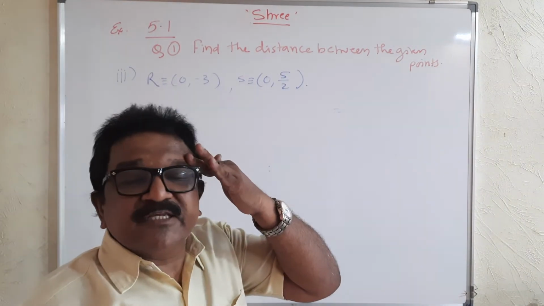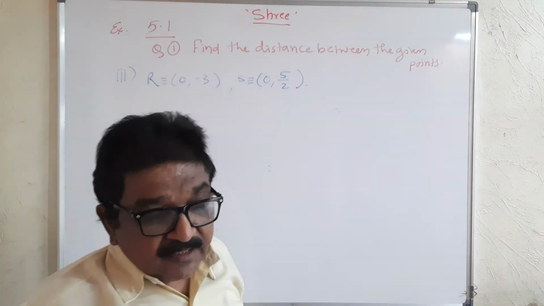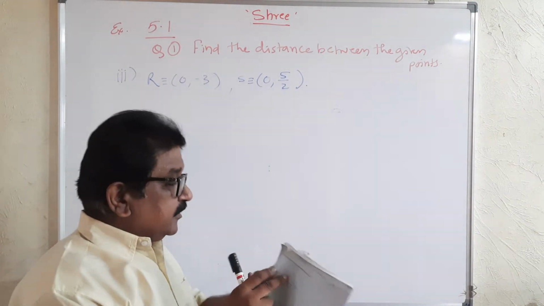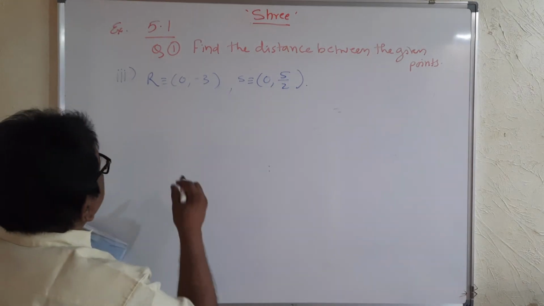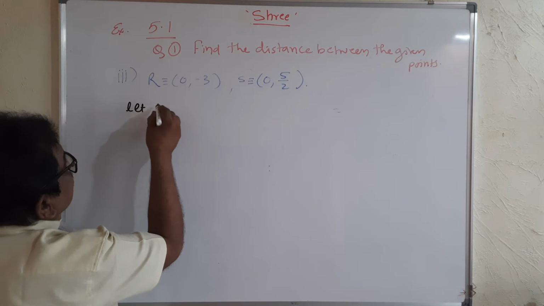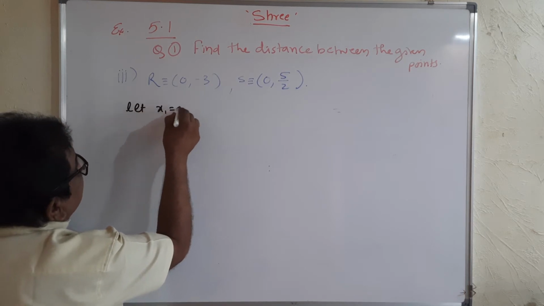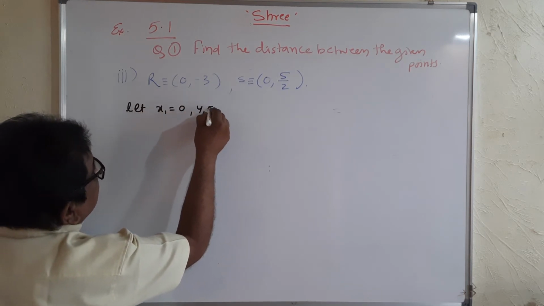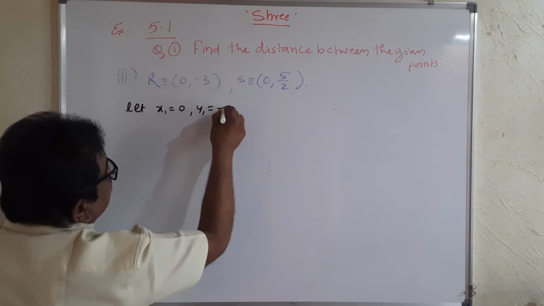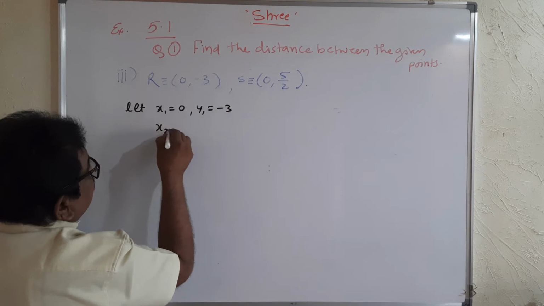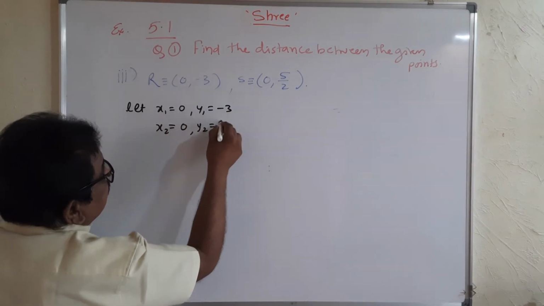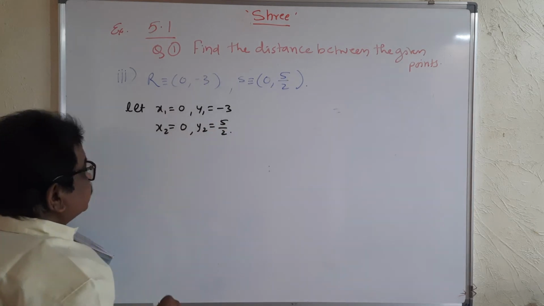You don't have to get scared by fractions and all these things. You are in 10th standard now. So suppose we are assuming, let x1 is equal to 0 and y1 is equal to minus 3. So automatically x2 will be 0 and y2 is equal to 5 upon 2.